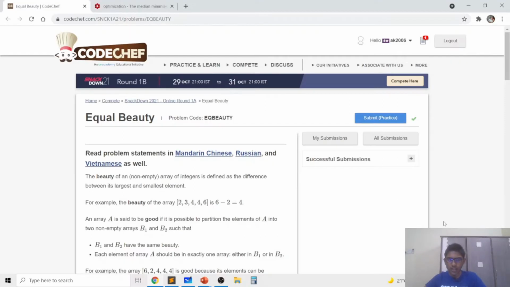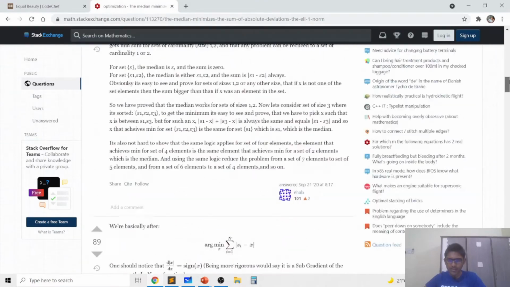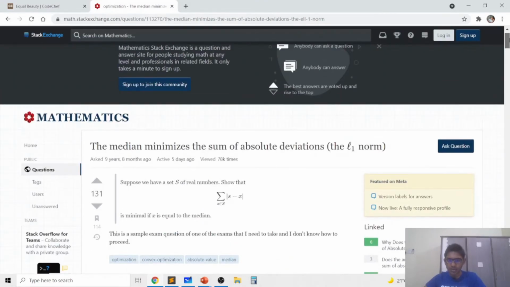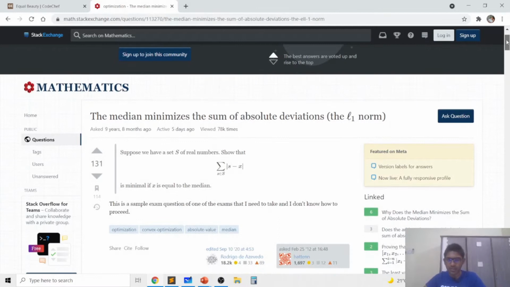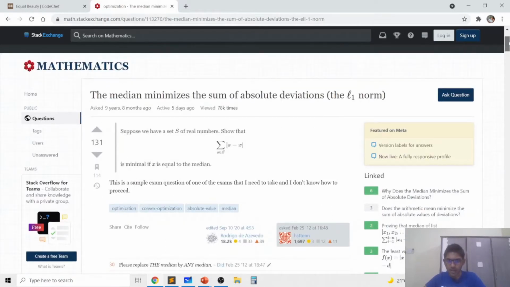In order for you to understand the median property, you should realize that the median minimizes the sum of the absolute deviations. So basically if we have an array of n integers and we want to minimize the sum, for every s belonging to the array, of the absolute value of s minus x, then it's optimal that x is the median.